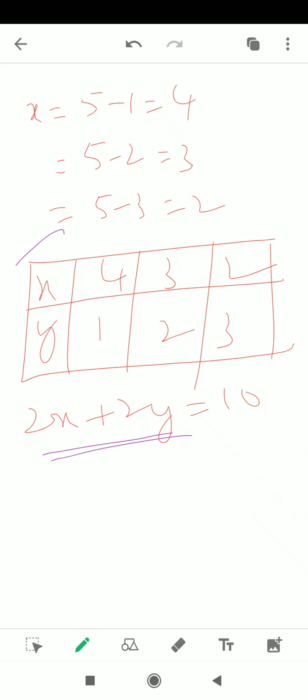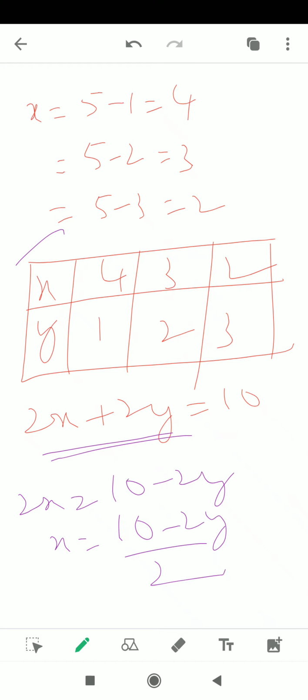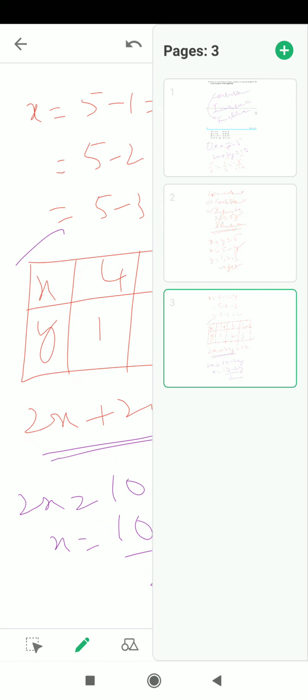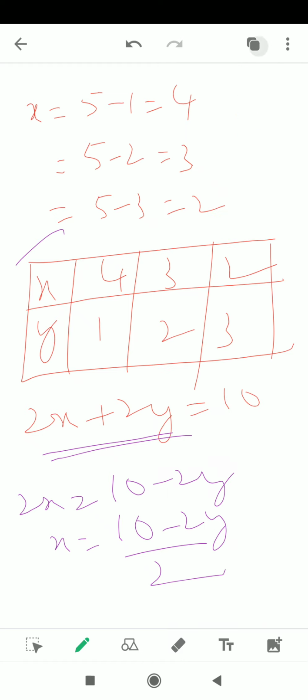So what is this one here? If I bring this one, 2x is equal to 10 minus 2y, and x is equal to 10 minus 2y by 2. Now you choose some values for x and y. So when y is equal to 1, 2, 3, we will get the same values.